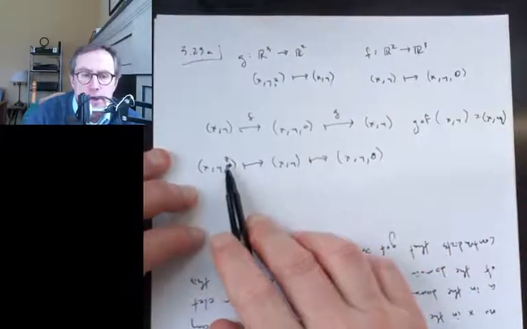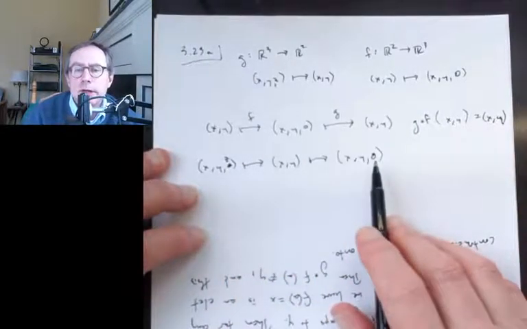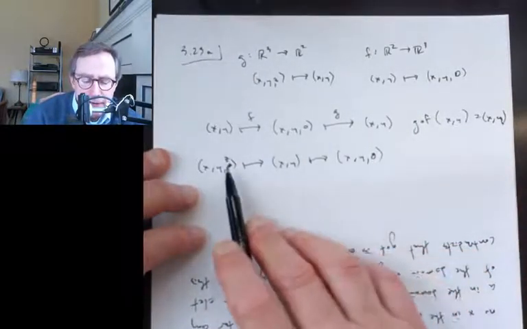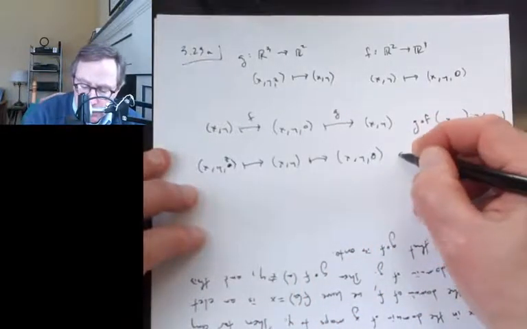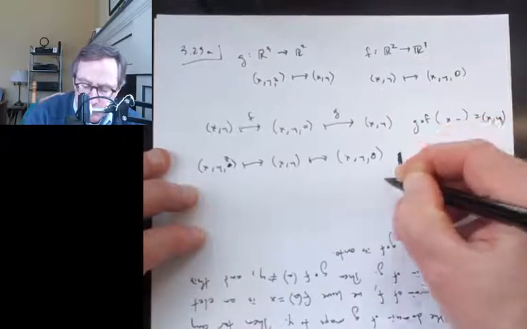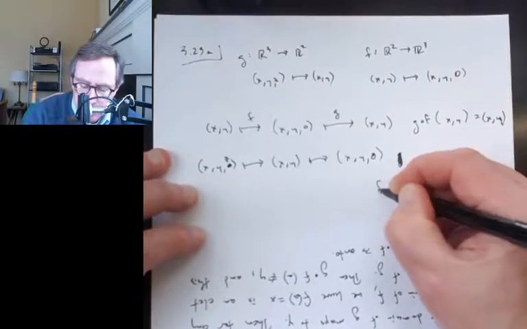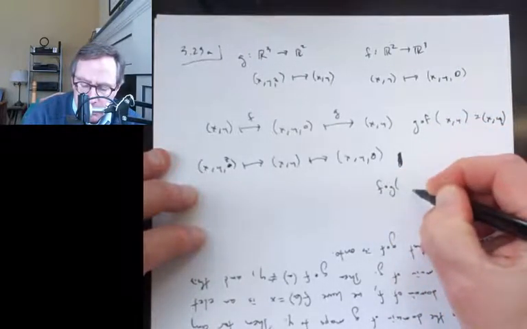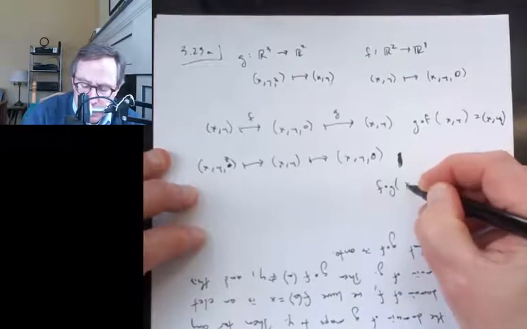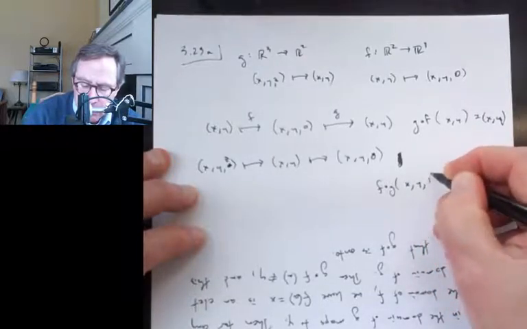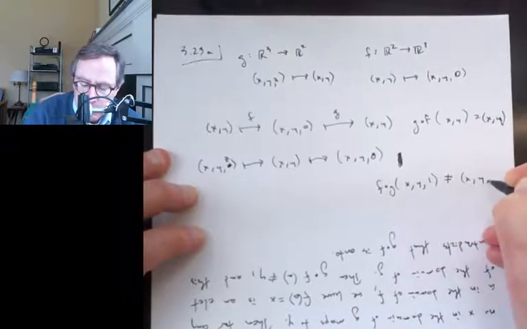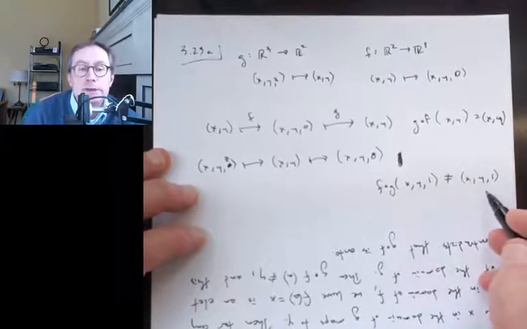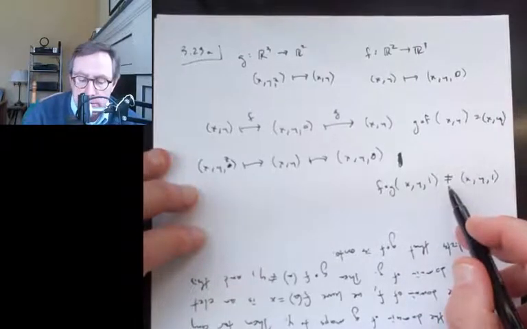If z is anything other than 0, well, that doesn't work. So F circle G of, let's say, x, y, 1 is not equal to x, y, 1. Specifically, it's xy0. But in any event, it's not equal.